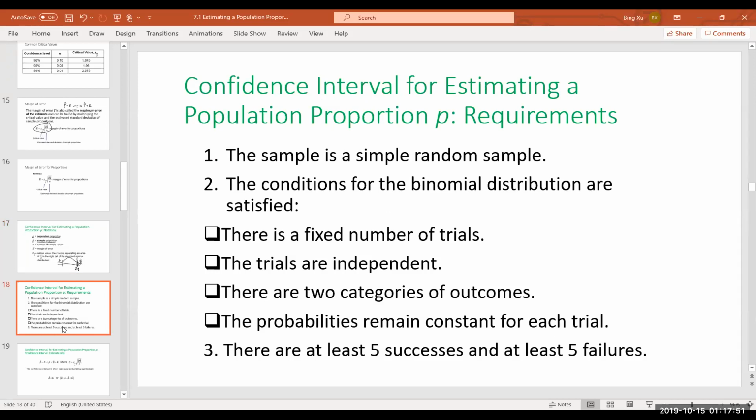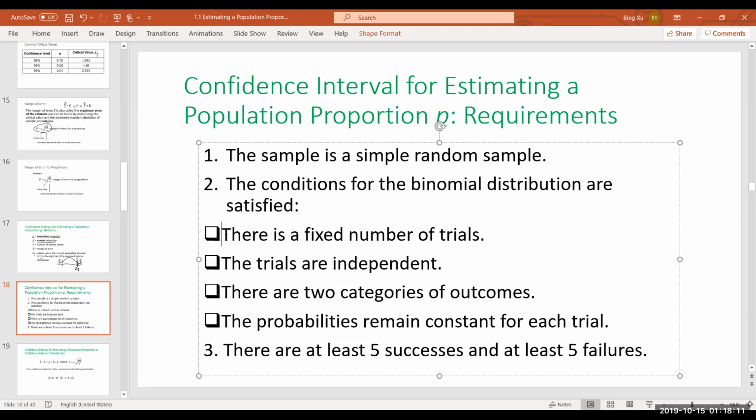Some requirements you need when you estimate a population proportion. You have to have a simple random sample, and the distribution needs to be a binomial distribution.